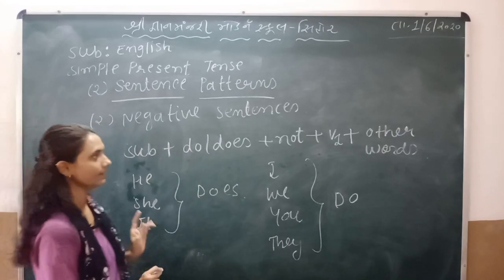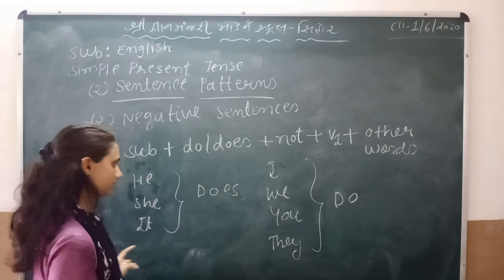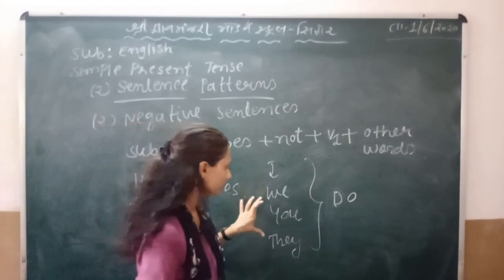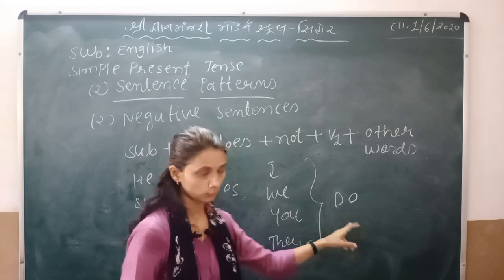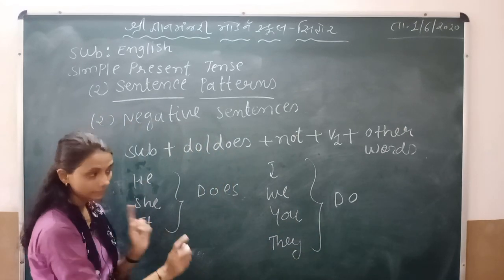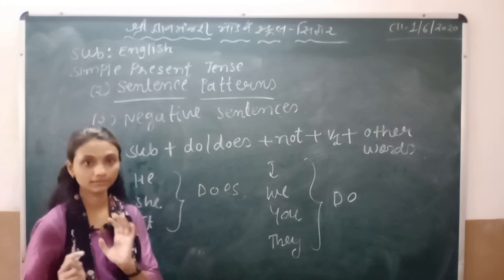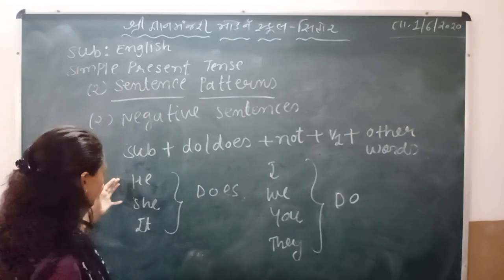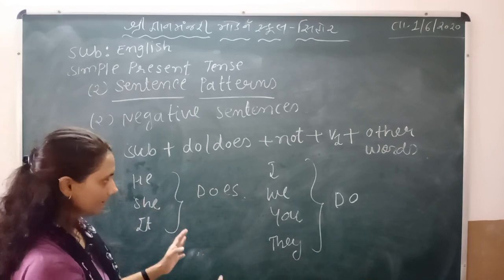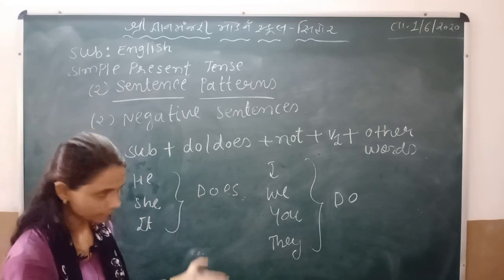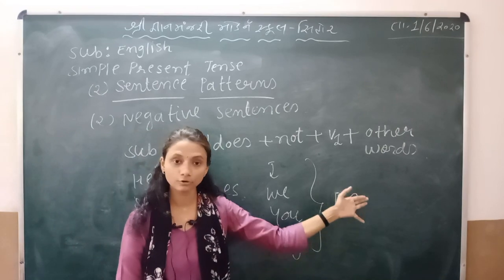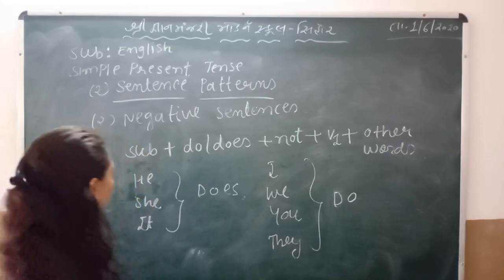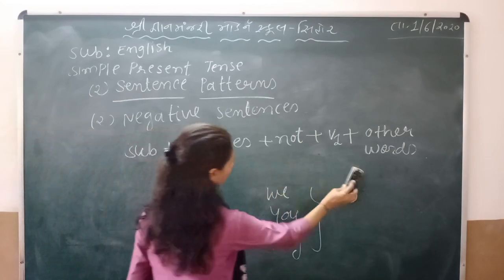While you are making a negative sentence, remember that with he, she, it, does; with I, we, you, they, do. Don't interchange this, otherwise your sentence will be wrong. So simply remember that third person singular takes does, and apart from third person singular, I, we, you, they take do.